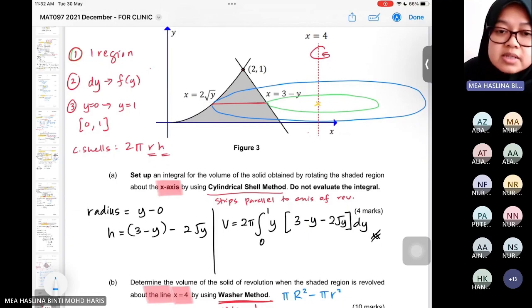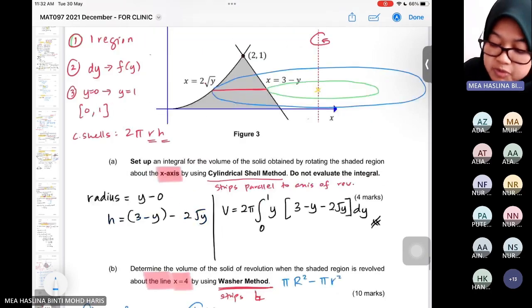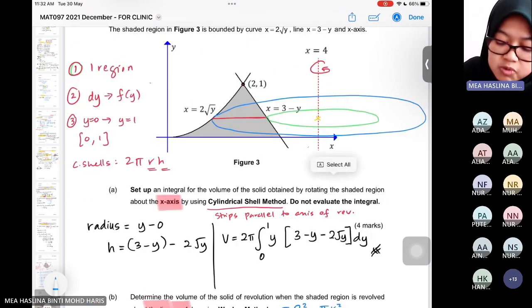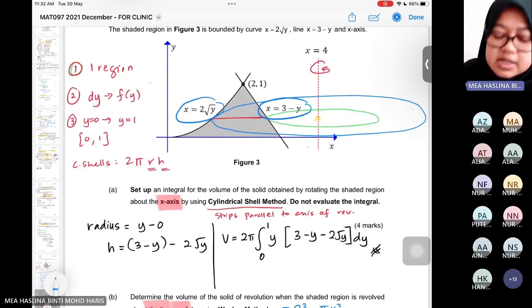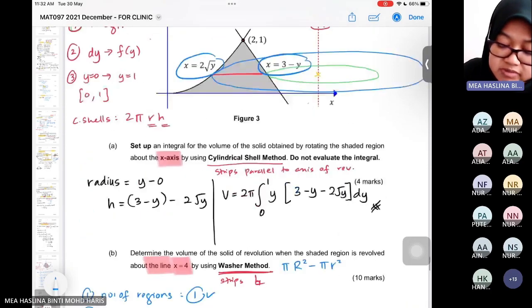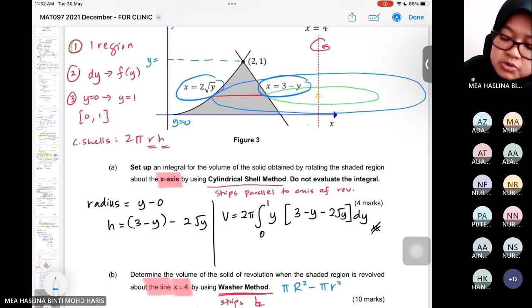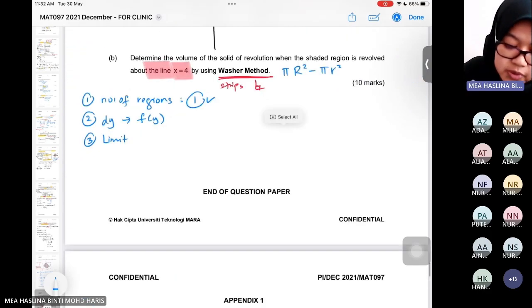When we used horizontal strip, meaning dy, the functions are also in terms of y, no problem because they are already given in terms of y for both. Number 3, you determine the limit. Only one set of limit, from y equal to 0 until y equal to 1. So you have limit 0 to 1.